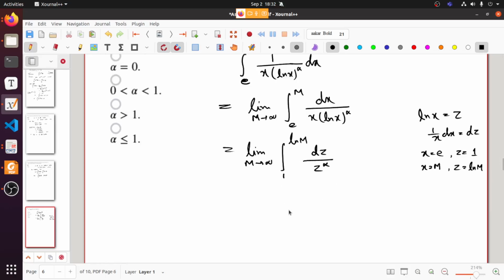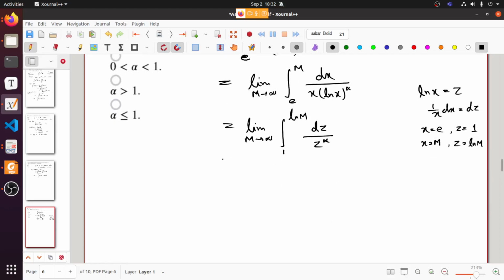Now you can integrate this. So if we do the integration, what will we get? Limit m tends to infinity, this is basically z to the power minus alpha, right? So the integration is z to the power minus alpha plus 1 by minus alpha plus 1, with limits 1 to ln m, right?